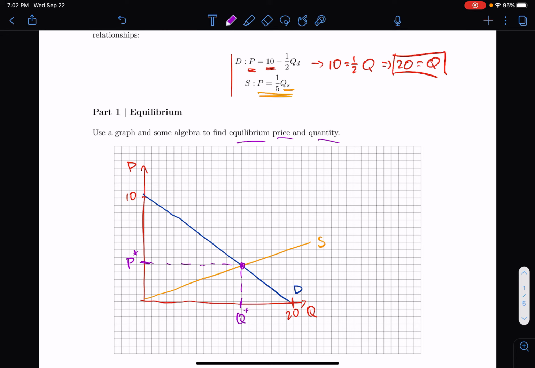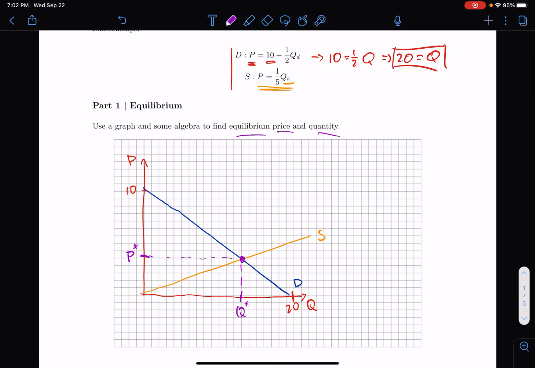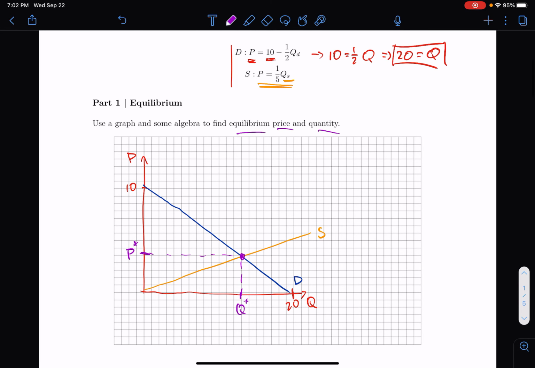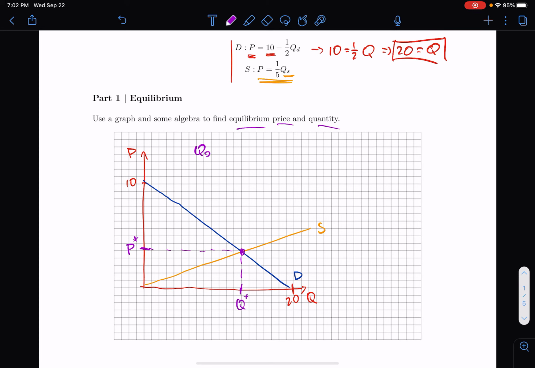Okay. So all we have to do is use our intuition for equilibrium, and the result that QD will equal QS in equilibrium.